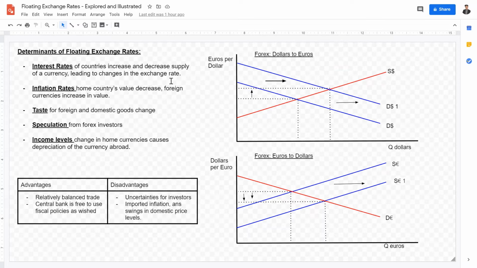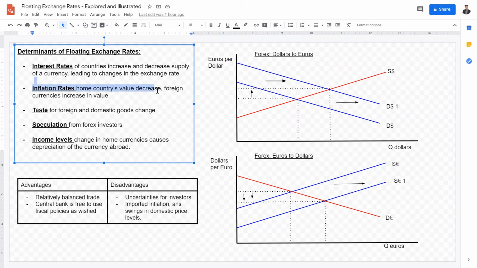So that's the taste factor in the determinants of a floating exchange rate. These could be either minor or major determinants. Taste is also a big thing when it comes to consumers importing goods from markets.